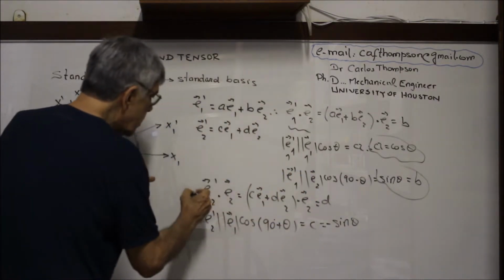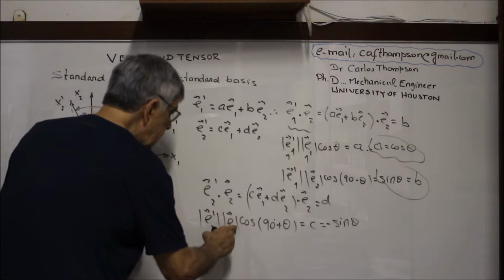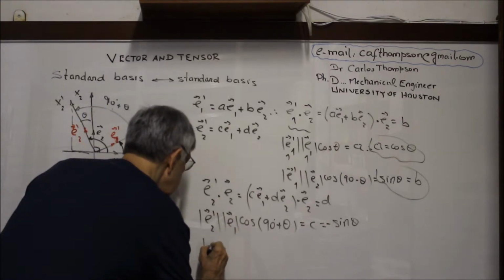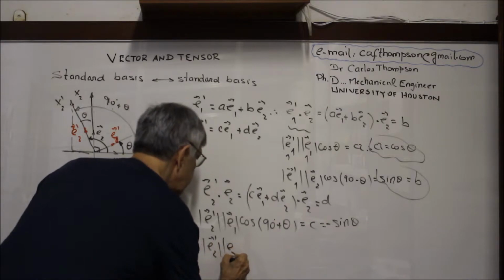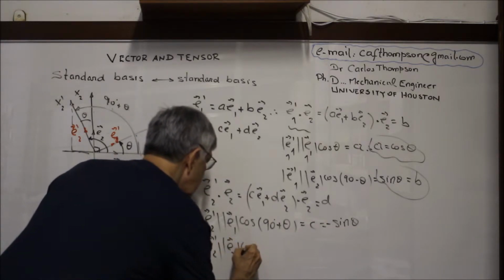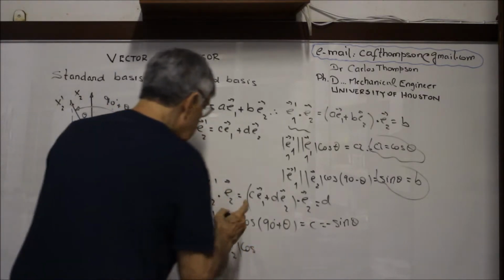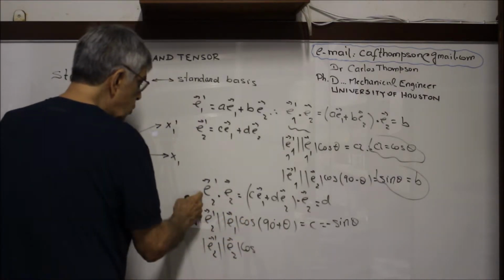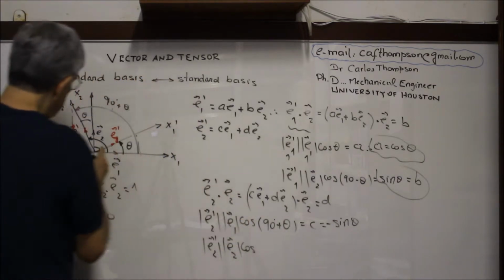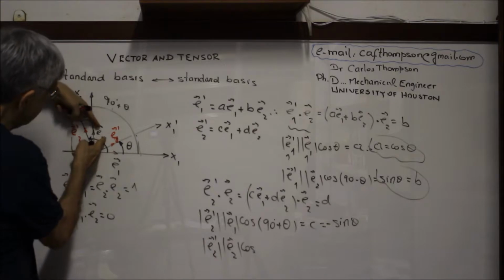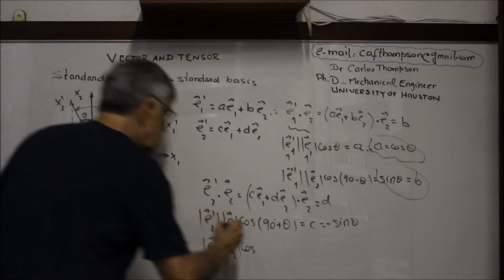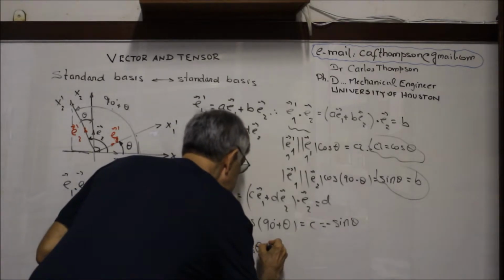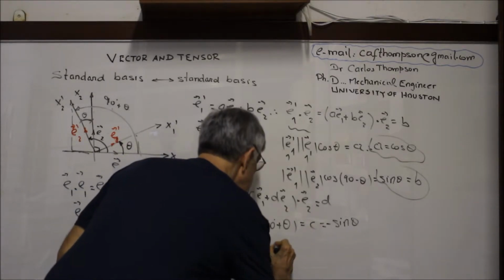Now the cosine of the angle between E2 prime and E2, this is E2 prime, this is E2, so the cosine of this angle is cosine of theta, which is equal to D.